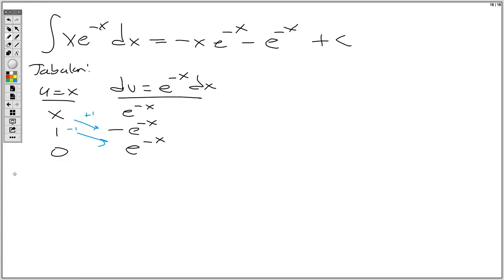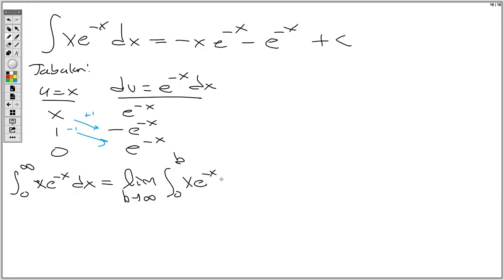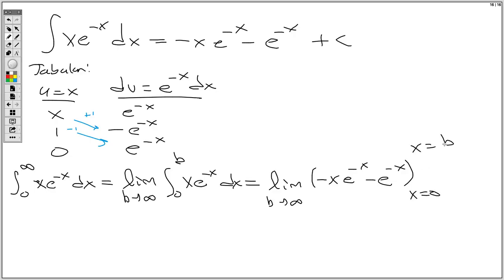So if I'm looking at the first limit here, the integral from 0 to infinity, x e to the minus x dx, the limit as b goes to infinity, 0 to b, x e to the minus x dx. That's the limit as b goes to infinity of minus x e to the minus x minus e to the minus x from x equals 0 to x equals b.